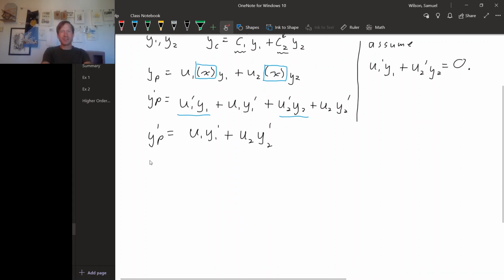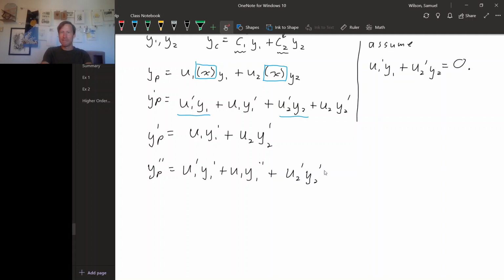Okay, now when we take a derivative, it's still messy, but it's not as messy. So the second derivative is now u1 prime y1 prime plus u1 y1 double prime plus, for the second term, u2 prime y2 prime plus u2 y2 double prime.